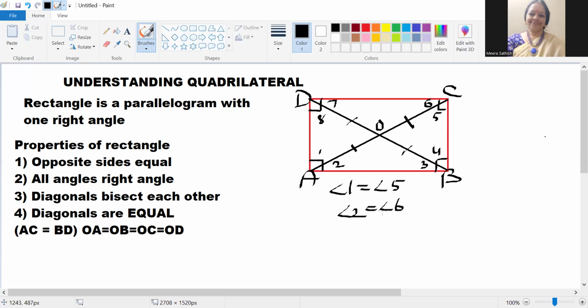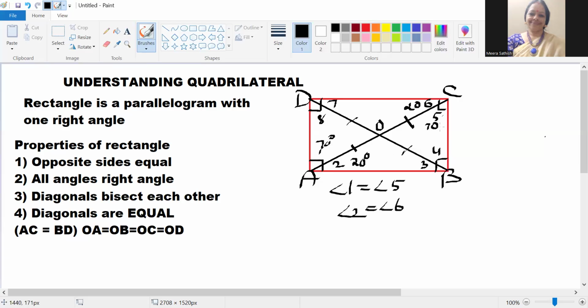The diagonals are not bisecting the vertex angle. So suppose if angle 2 is 20 degree, then angle 1 will be, total 90, no? So 90 minus 20, this will become 70. So when this is 20, then angle 6 will become 20. When this is 70, angle 5 will become 70.